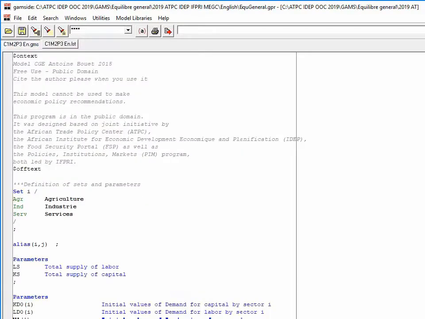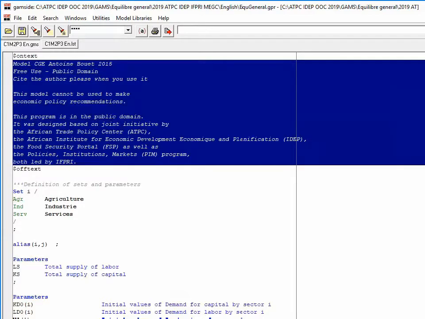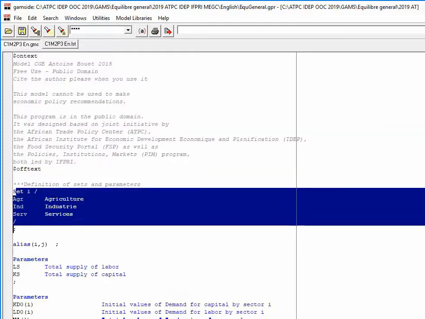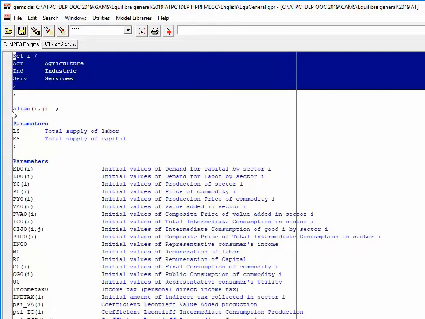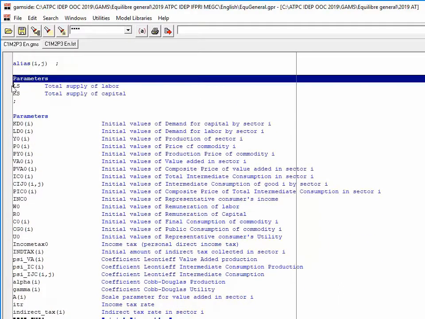This is a program that is a correction to the exercise concerning the introduction of public administration into the model we have already defined. I'll always start with a comment and the definitions of sectors, the alias, then a list of parameters.